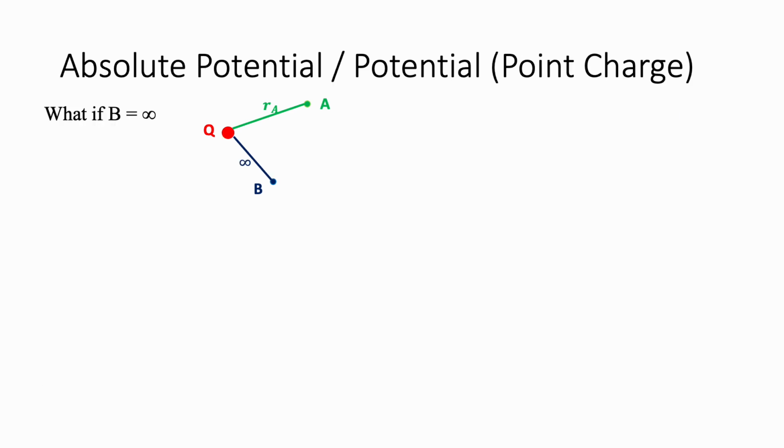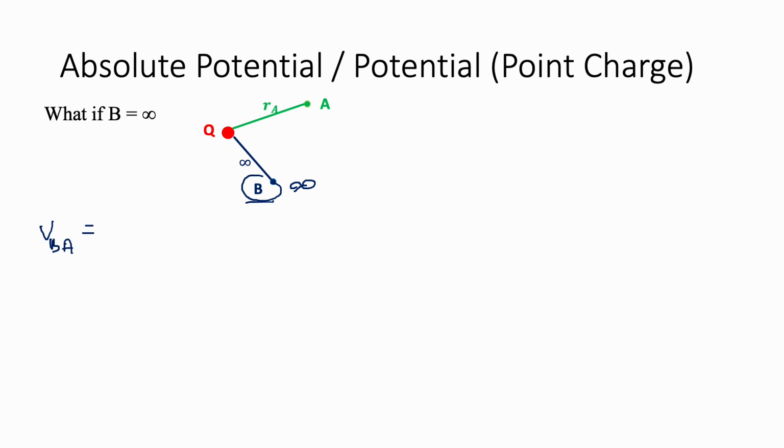For absolute potential, we know the initial point is at infinity. So let's say B is our initial point, and B is located somewhere around infinity. So the distance of B from the point charge is at infinity.